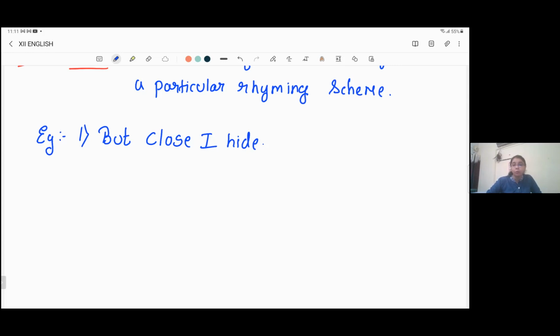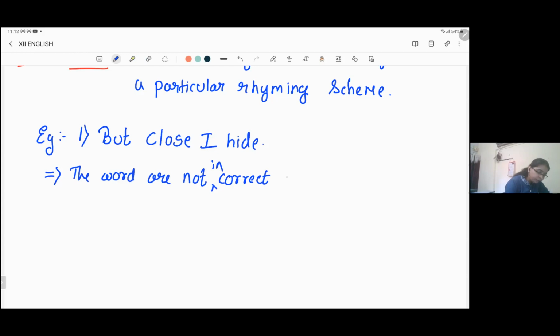So you have to shuffle the words and you will make a correct sentence. You will write the answer like this: first you will write, the words are not in correct prose order.